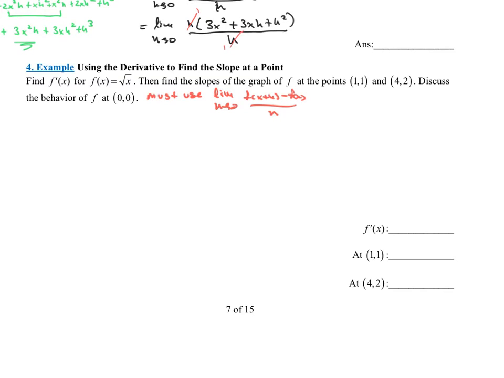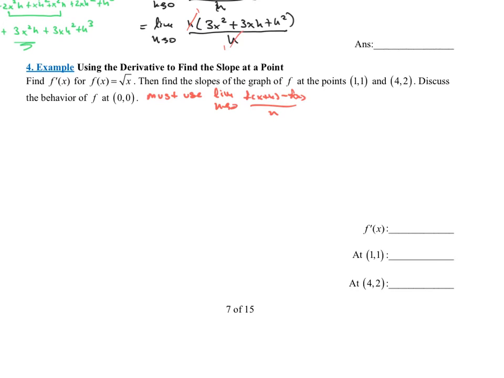I am going to teach you rules in the following sections that make this significantly easier. You don't have to do the limits forever, but most certainly in this entire section and on this test, if it says definition of derivative, you absolutely have to use the definition of derivative, okay? Every step of the problem.